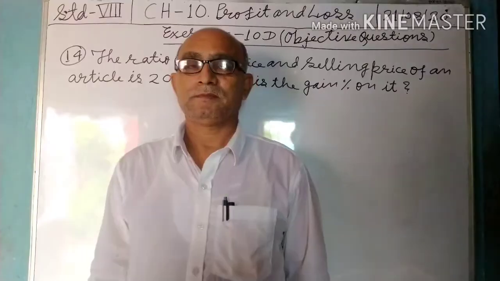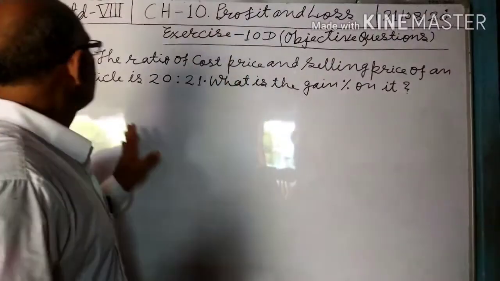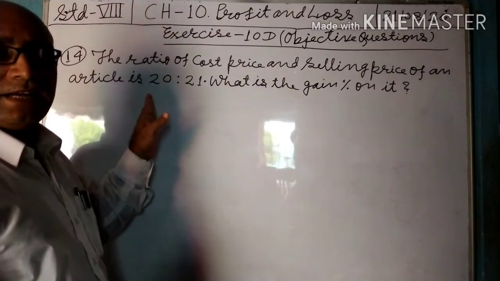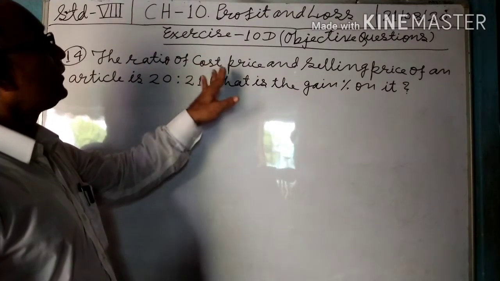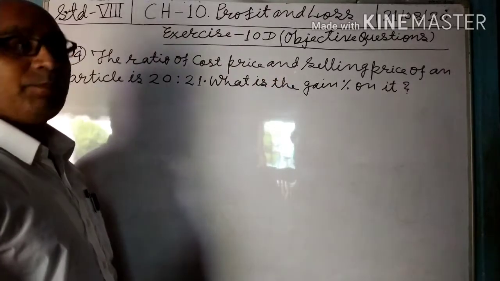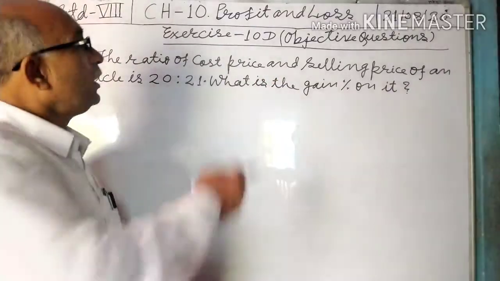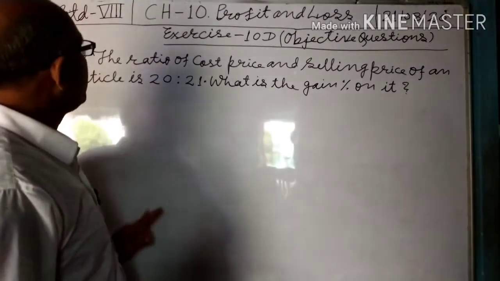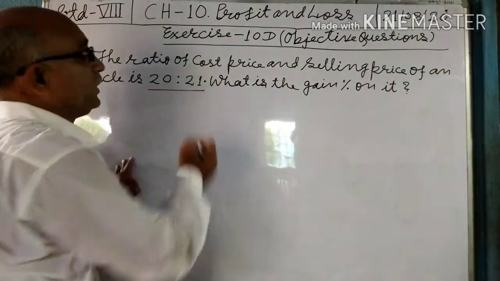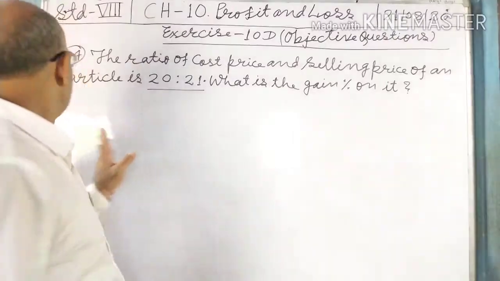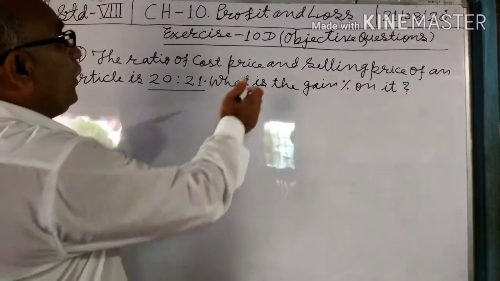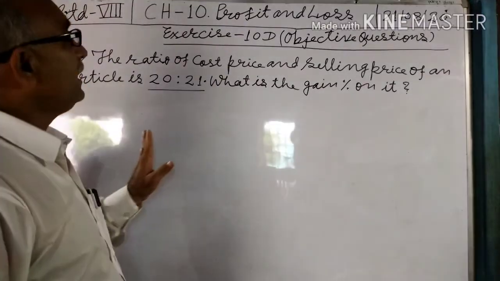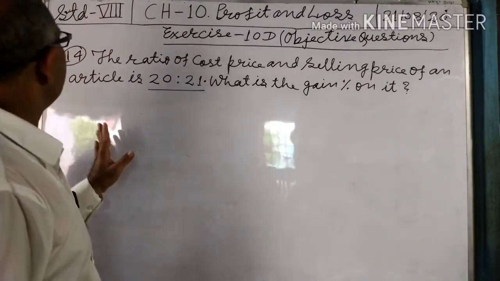Understand, right? Students, next question is question number 14 of exercise 10D. The ratio of cost price and selling price of an article is 20:21. What is the gain percent on it?